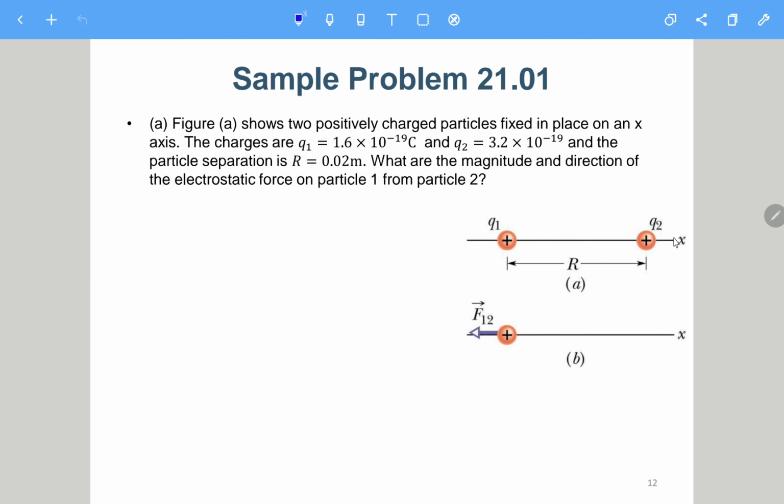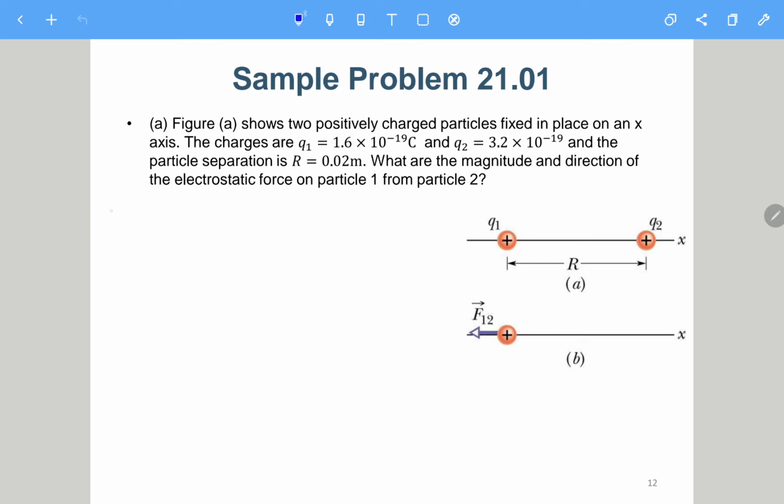Okay, so both of them are positive charge, so they should repel each other. So F12, which means the force acting on Q1 due to Q2, should point to the left side.